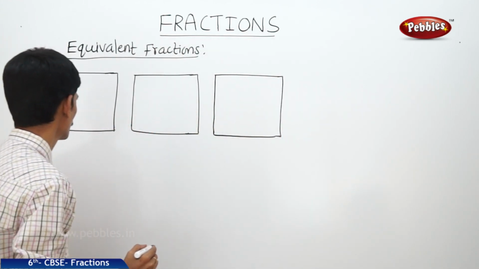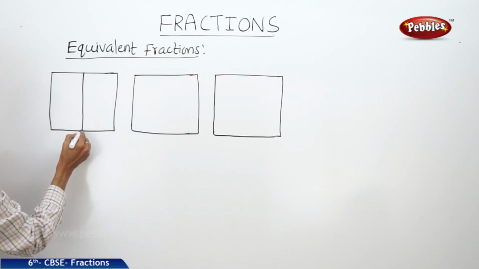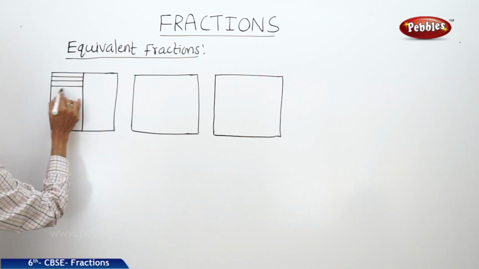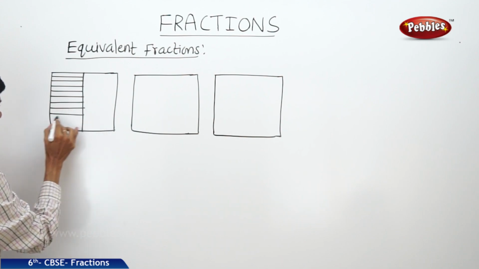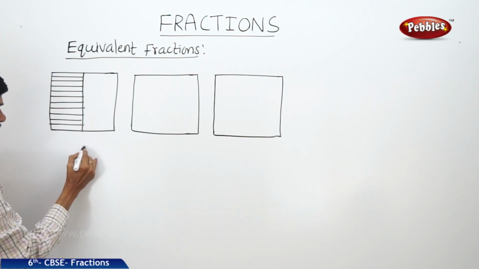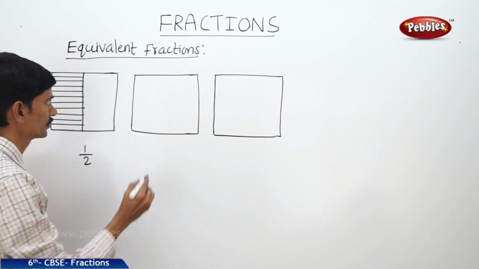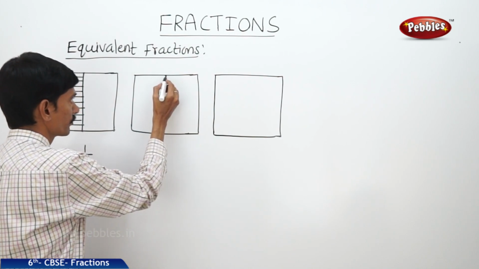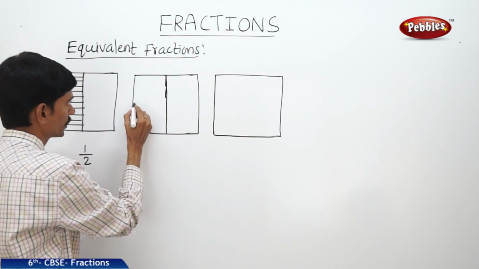Now the first square has been divided into 2 equal parts, and in this one part is shaded. The shaded portion represents 1 out of 2, so 1 by 2. Now in the second, the square has been divided into 4 equal parts.